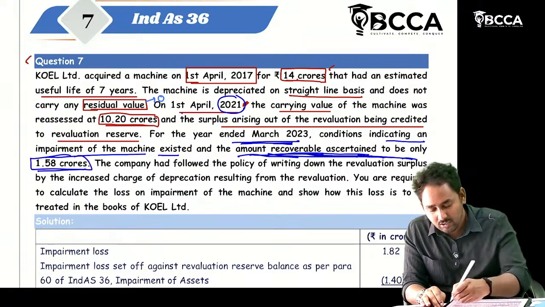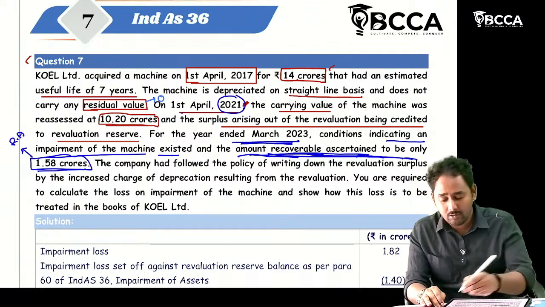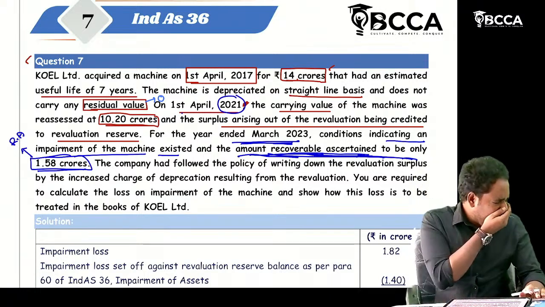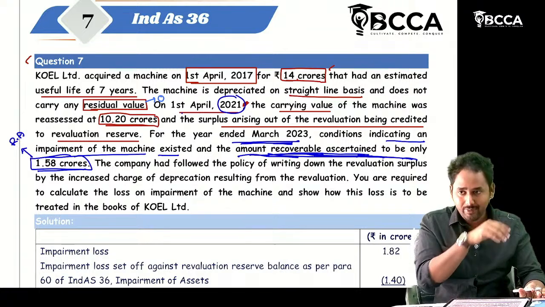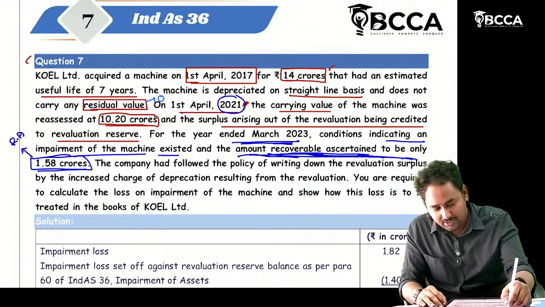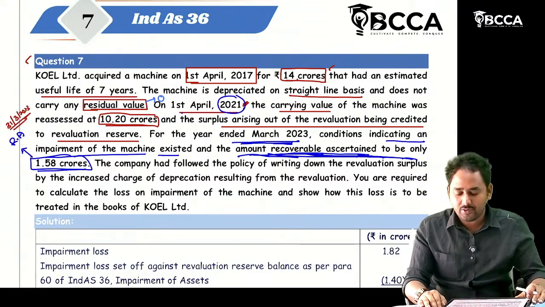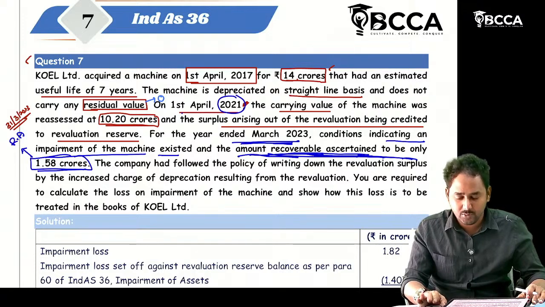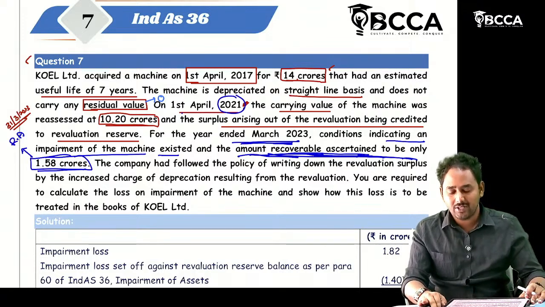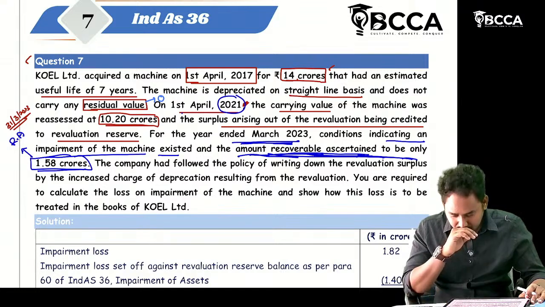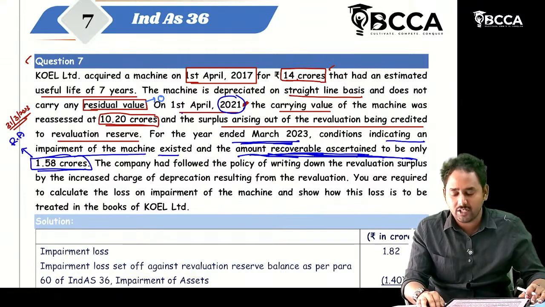It means it is the recoverable amount of the machinery as on 31st March 23. Now I need to find out the impairment loss, because they have given the information regarding the recoverable amount for calculation of the impairment loss. How to calculate the impairment loss?